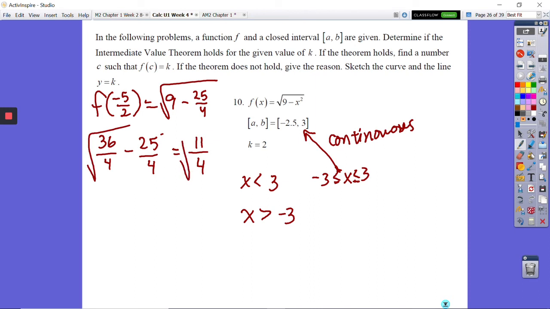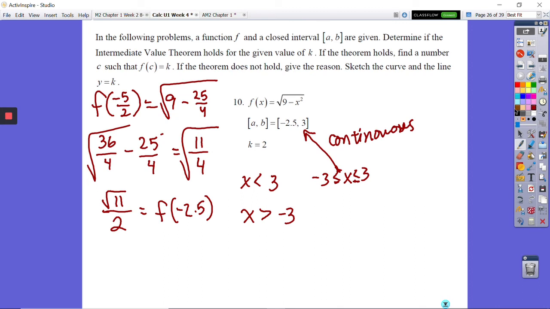Square root the whole thing. And so then I have the square root of 11 over 2. And the square root of 11 is a little bigger than 3. We might want a decimal for that in a minute, but that's f of -2.5.